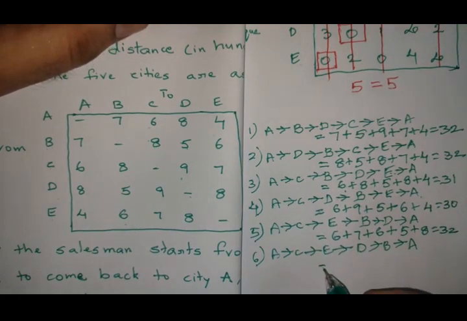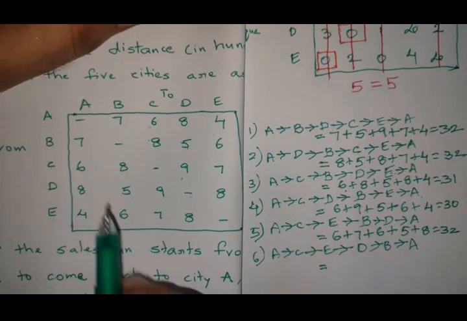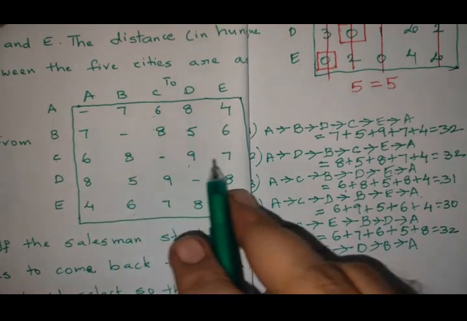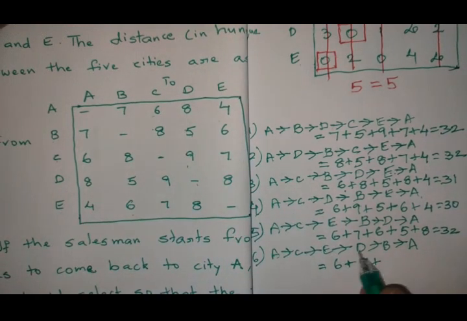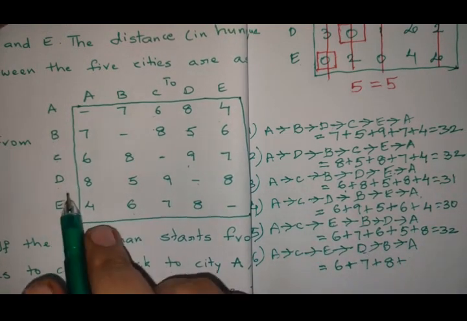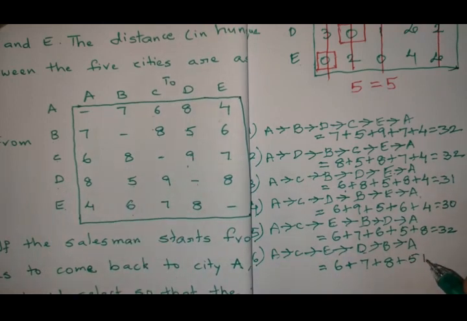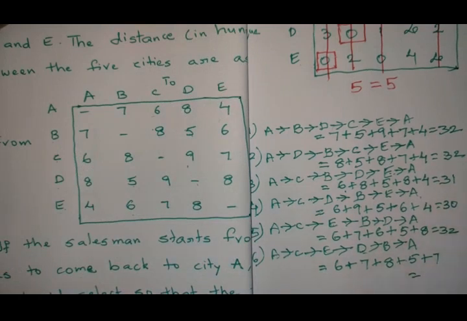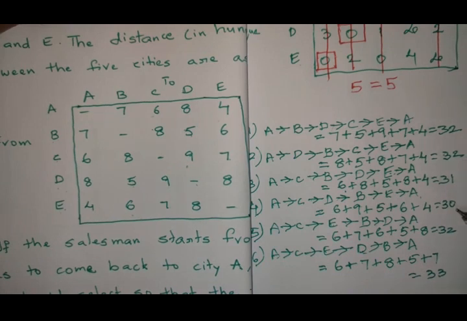Next, sixth route, A to C 6, C to E 7, E to D 8, D to B 5, B to A 7. Total 3300 miles. So in all these 6 routes, 32, 32, 31, 30, 32, 33, the minimum value is 30.